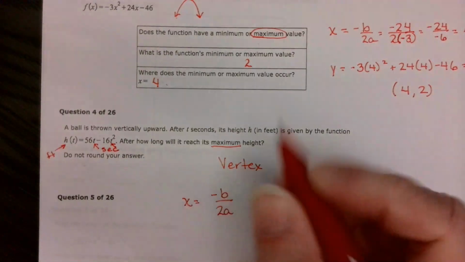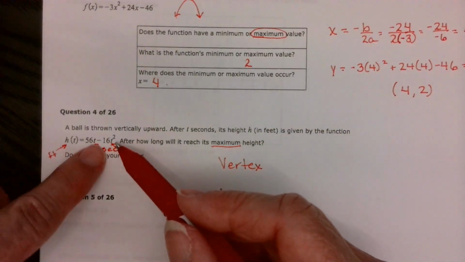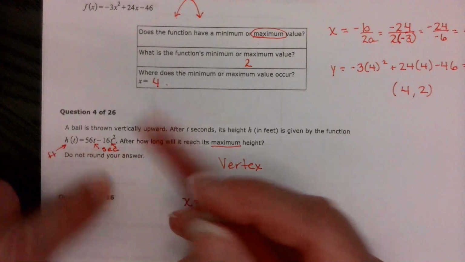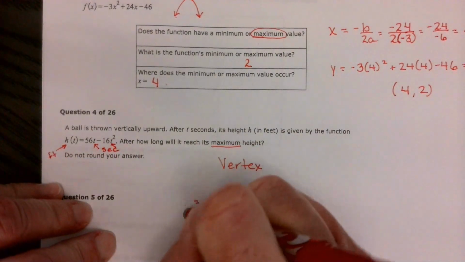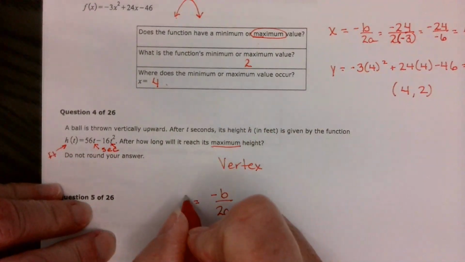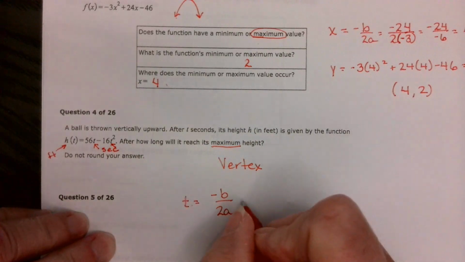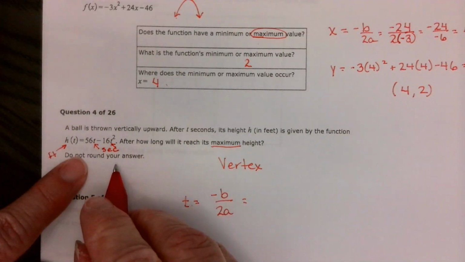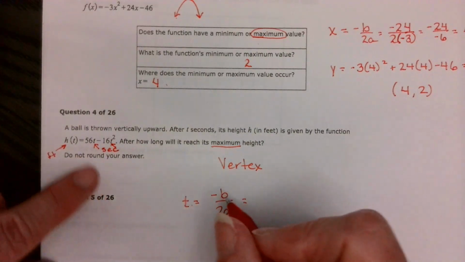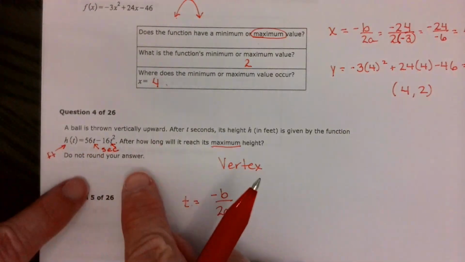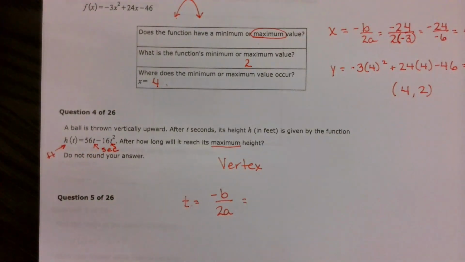In this case, this is where x usually is, so I'm going to call it t now. It says do not round your answer. Okay, so we have negative b. Now this is kind of switched up from what we are used to, but b is always what's in front of just the x or the t.